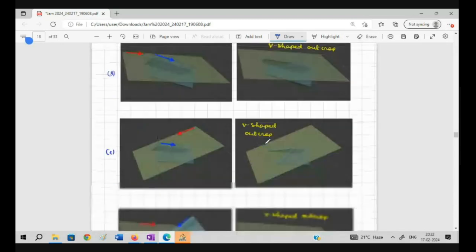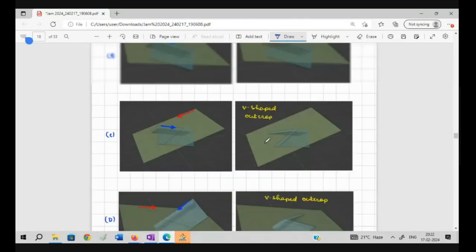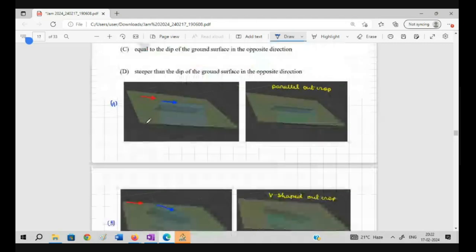But when they dip in the same direction with the same amount, like this case, option A, you can see this blue line represents the plunge of the fold axis, and this red line represents the slope of the ground. When they are parallel to each other, you can see a straight line outcrop is formed, a group of parallel lines as an outcrop, but no V-shaped outcrop.